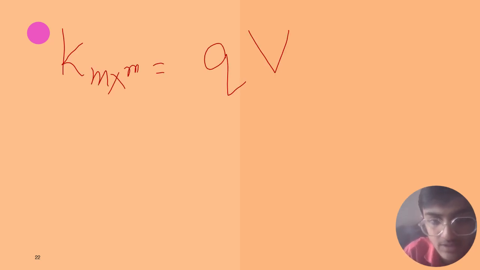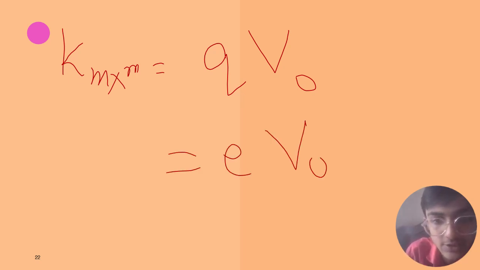Now, from the basics of electrostatics, you can say that maximum kinetic energy, or work done, is charge into potential, and here that potential will be the stopping potential. This is a general formula: Q into V. V naught we have just specified in terms of stopping potential. Now when we are concerned with the photoelectric effect, we will use this Q as e into V naught.